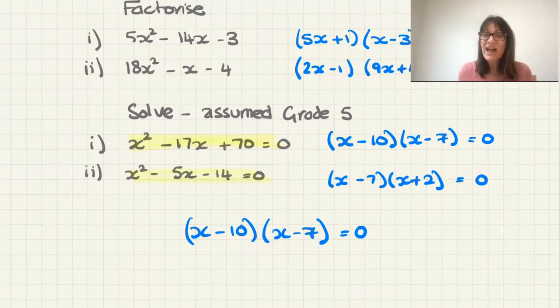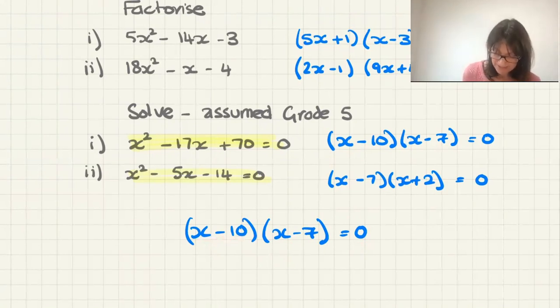Anything multiplied by 0 equals 0. So I use that fact to help me get solutions to these equations. If I can make this bracket here equal 0, it doesn't really matter what's going on in there because 0 times whatever is going to equal 0. So that is what I'm going to do. I'm going to make that 0. What will x need to be in order for a 0 to appear when I take away 10?